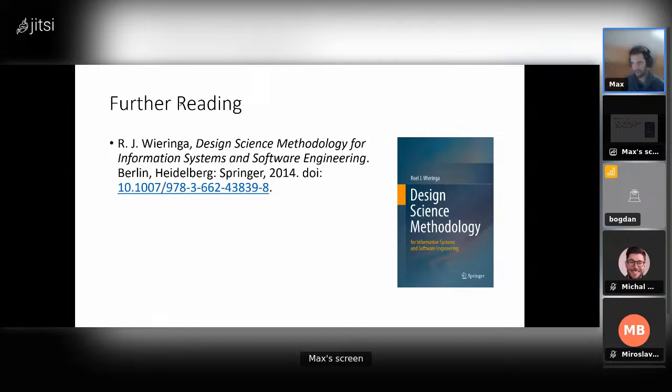But really, this methodology is here to give you a robust framework on how to achieve your research when you are not sure about how to generate outputs from it. So I hope I answered your question.